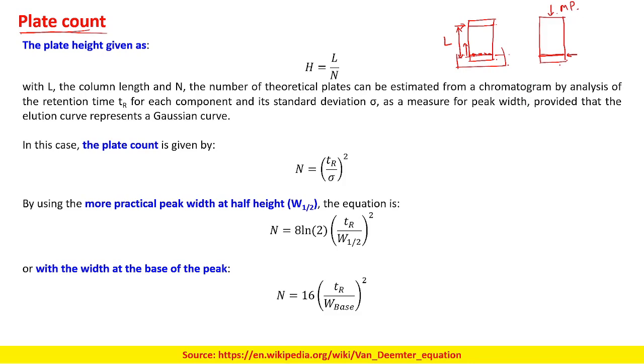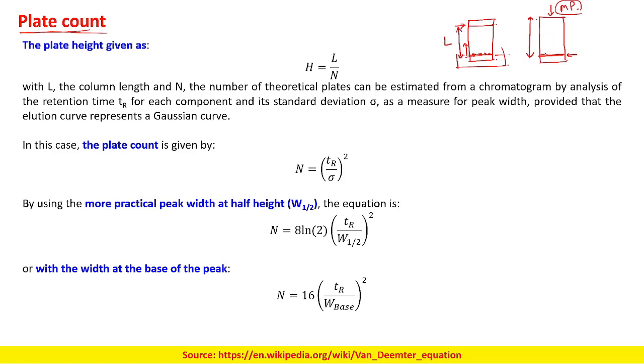After some time, this front will move down, and the whole column will have the flow of the mobile phase. In that case, if the solvent front is within the column, then your L would be something like this, and you are just analyzing the bands within the column.